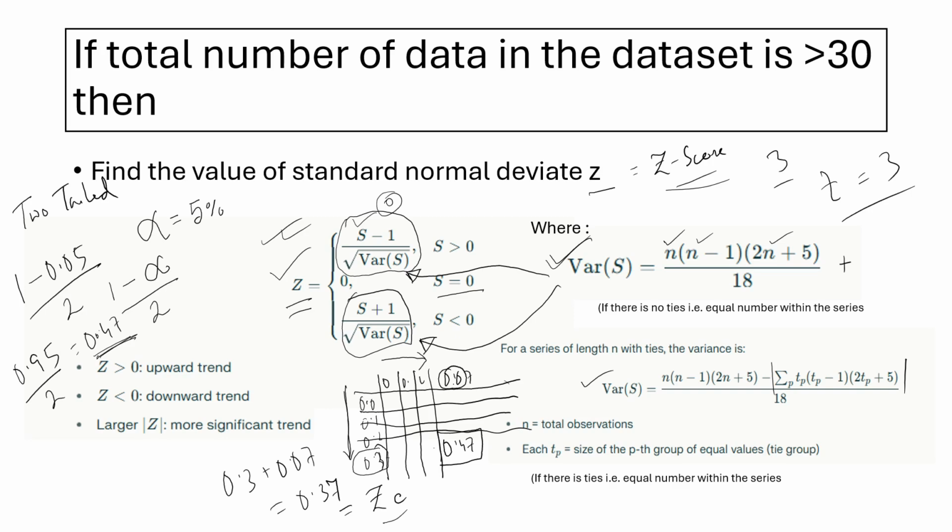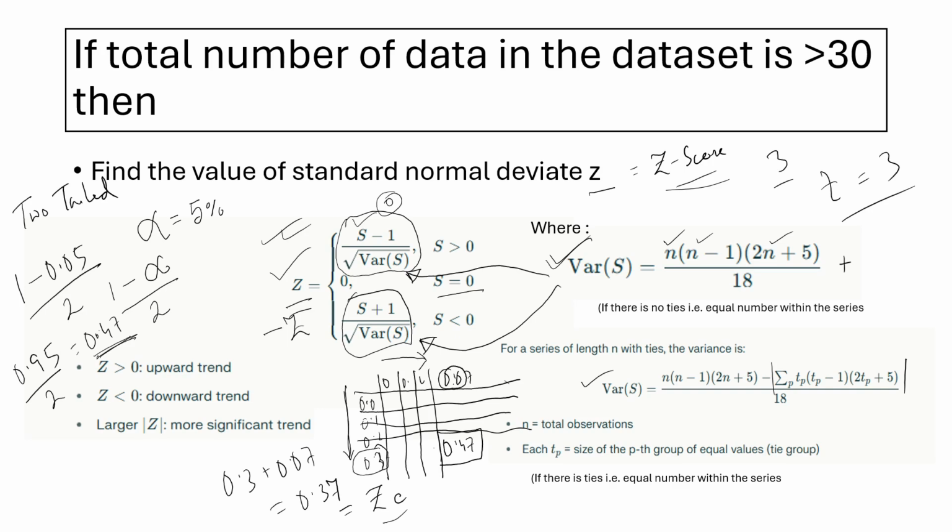Now, if your Z is negative, remember, negative Z, then it must outclass the critical Z in the negative manner. That means your Z needs to be more negative compared to your critical Z. If your critical Z is positive and your Z is negative, then very easily you can say there is a trend.